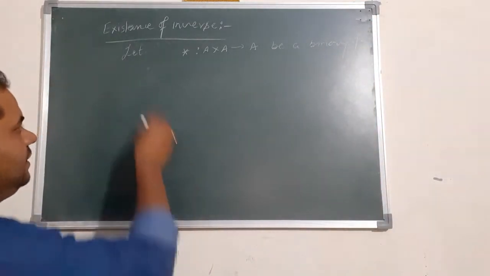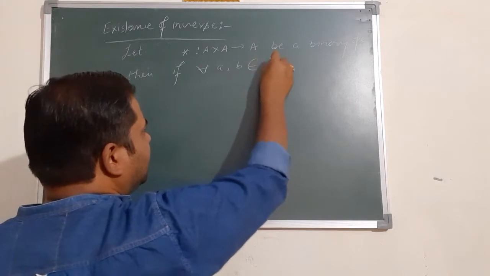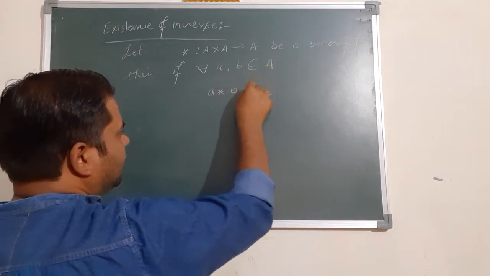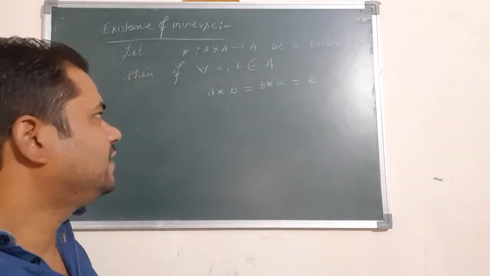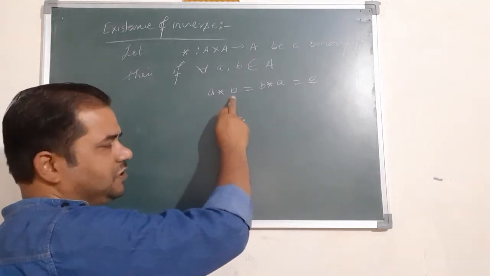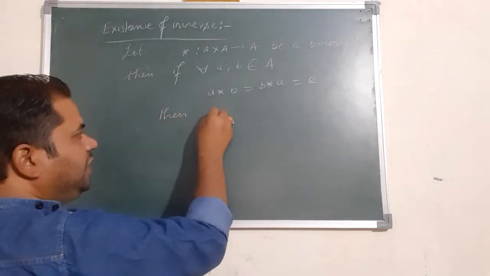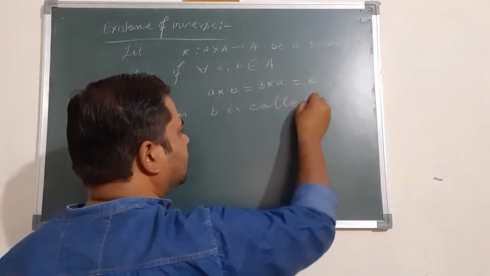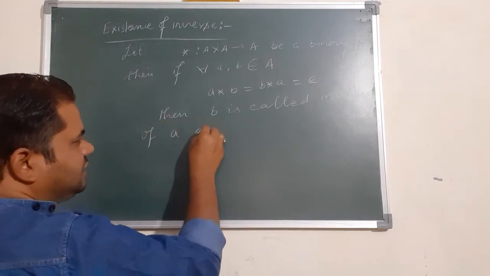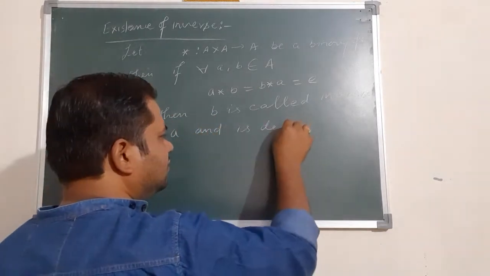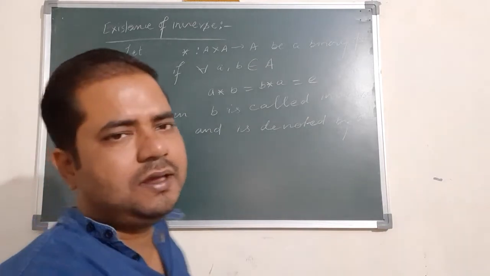Then if for a, b belongs to A, a star b is equal to b star a is equal to e, that means if we operate a with b and b with a and we get the identity, then b is called the inverse of a and is denoted by a inverse.